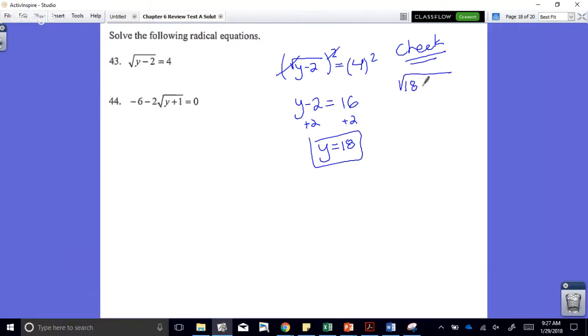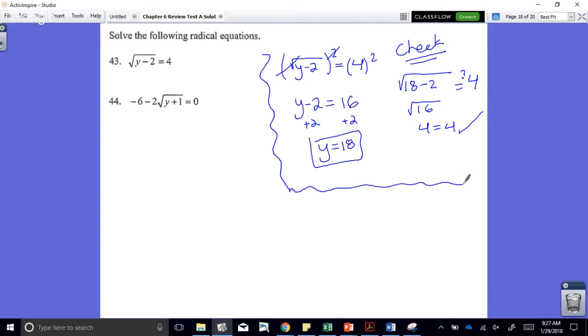So if I plug in 18, we're expecting to get the square root of 18 minus 2, which is square root of 16. Square root of 16 is 4. Since 4 equals 4, that kind of confirms things correctly. Okay, so that was 43.